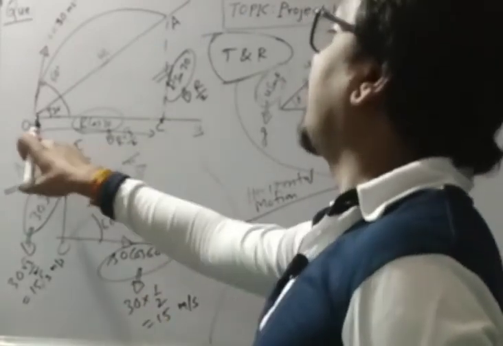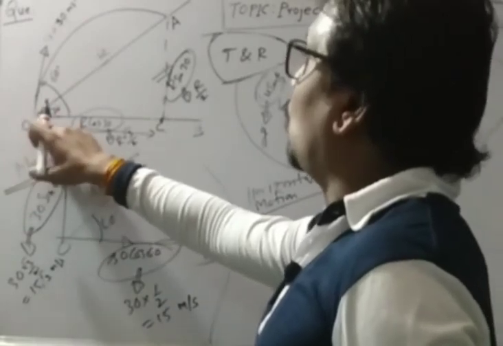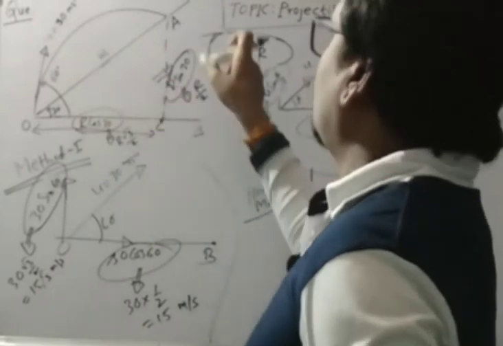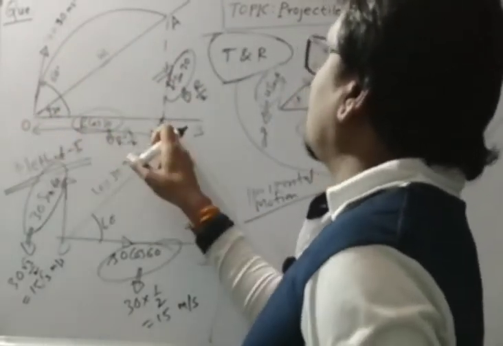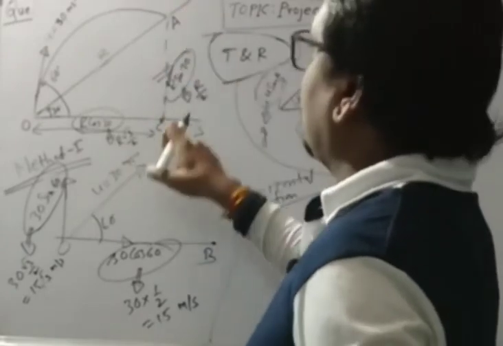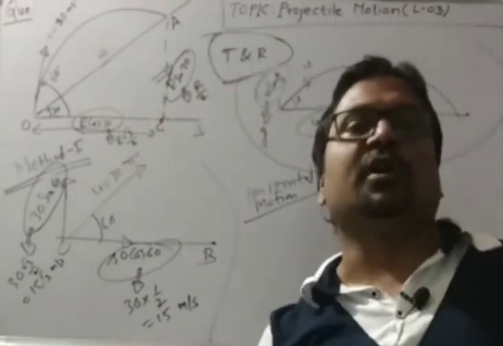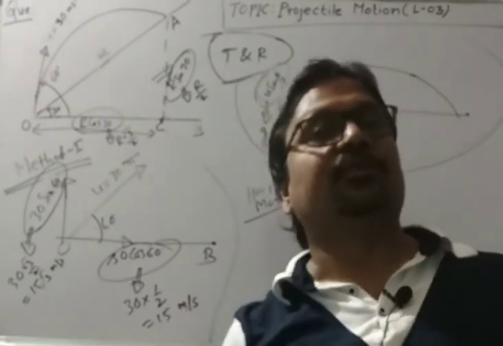If the time taken by the projectile to move from O to A along the path of trajectory is t, then the time taken to travel O to C is also t and A to C is also t. Both the vertical and horizontal motion are taking place simultaneously. Okay, dear.